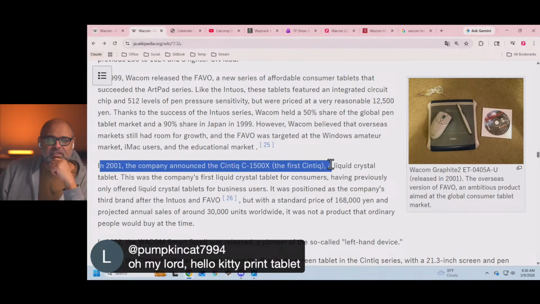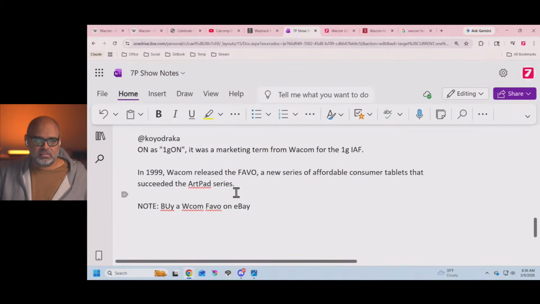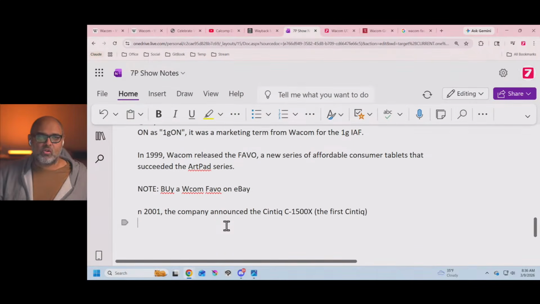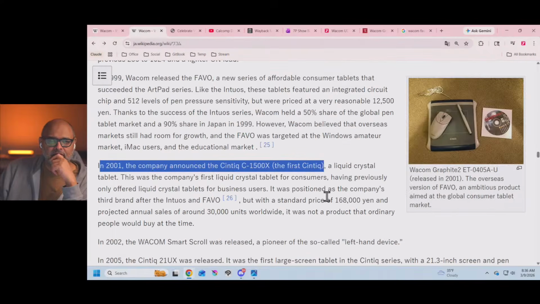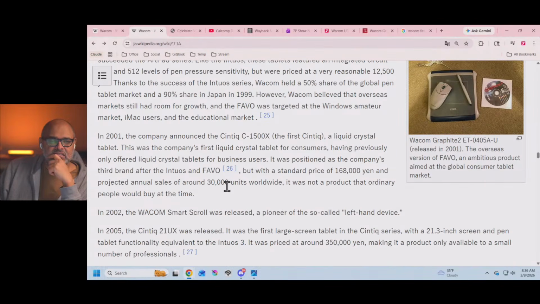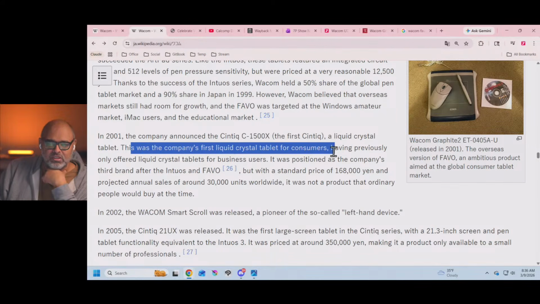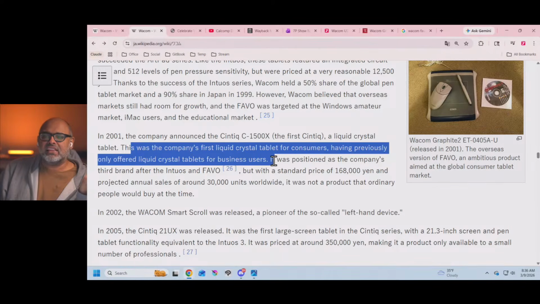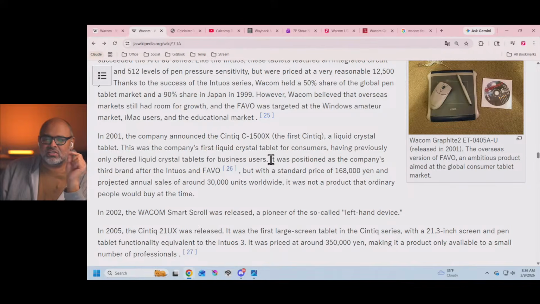2001, Cintiq, the first Cintiq. I didn't know this was the first Cintiq, by the way. So let's copy that. Oh, I see. This was the company's first liquid crystal tablet for consumers, having previously only offered liquid crystal tablets for business users. I think those business users were maybe digital signatures and things like that.